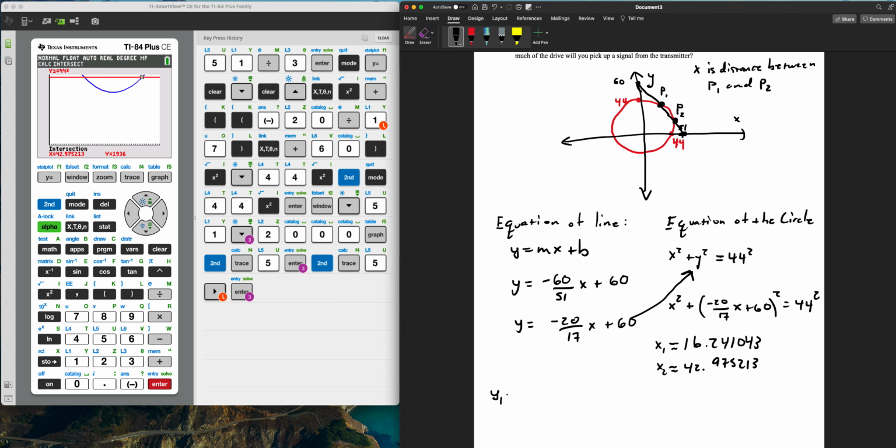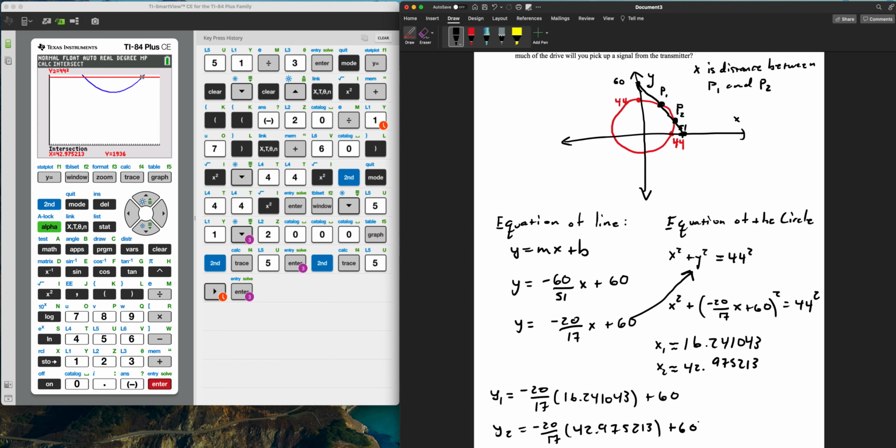So y1 is going to be approximately negative 20 over 17, and then we're inputting 16.241043 plus 60, and y2 is almost the same thing except we replace x1 with x2, which is 42.975213 plus 60.